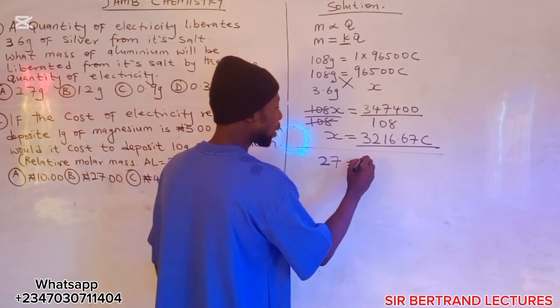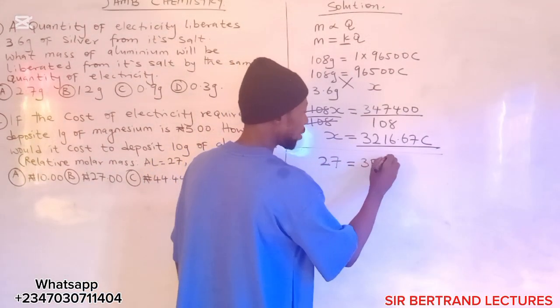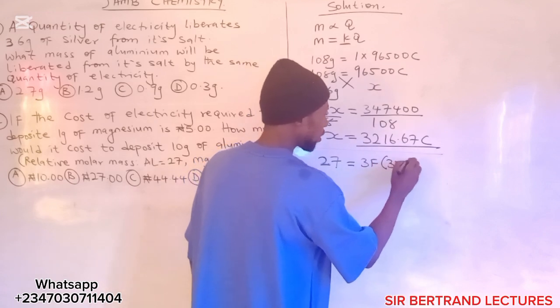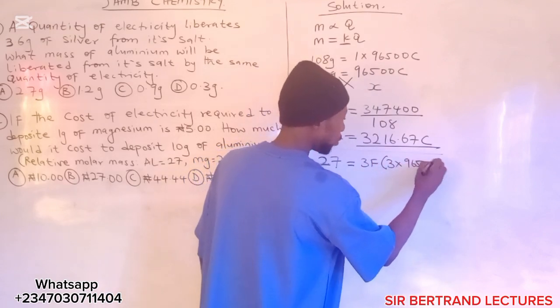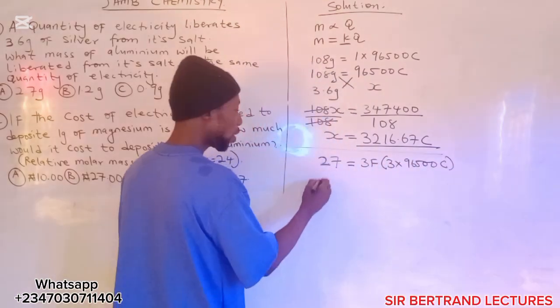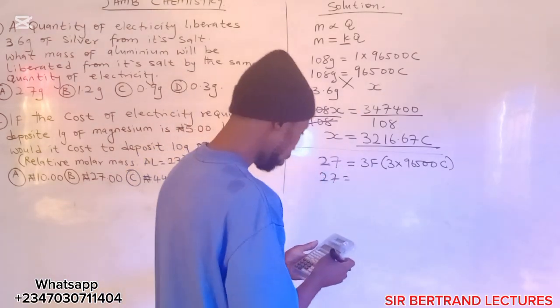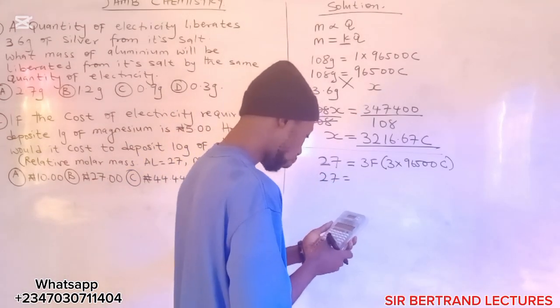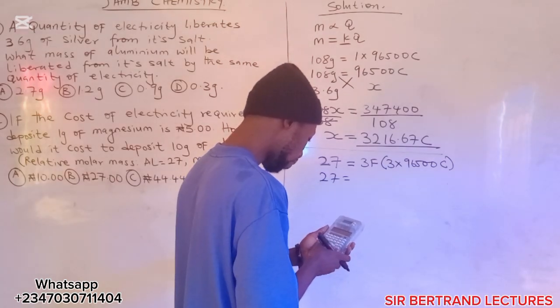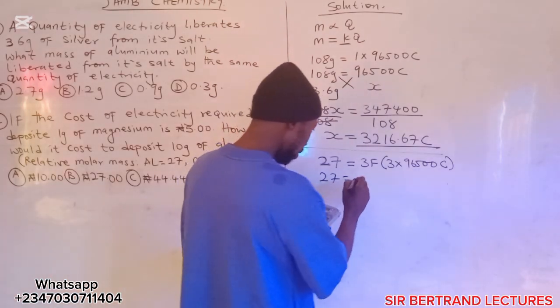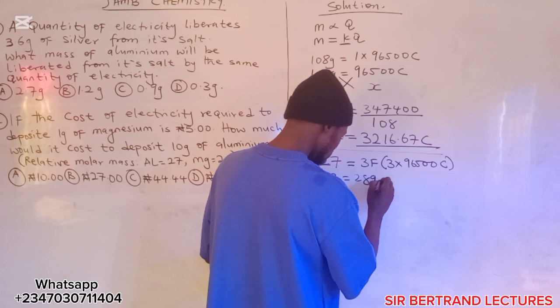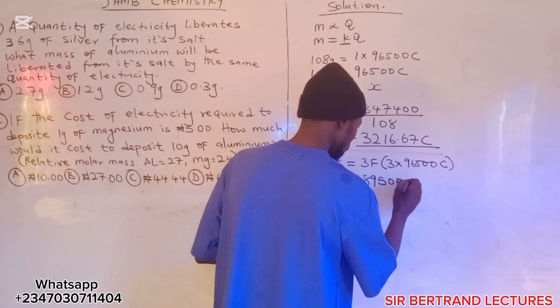27. Then aluminium liberates how many Faraday? 3 Faraday, that is 3 times 96500 coulombs. You bring it down here: 27 grams is against 3 Faraday, and 3 Faraday will be 3 times 96500, that is 289,500 coulombs.